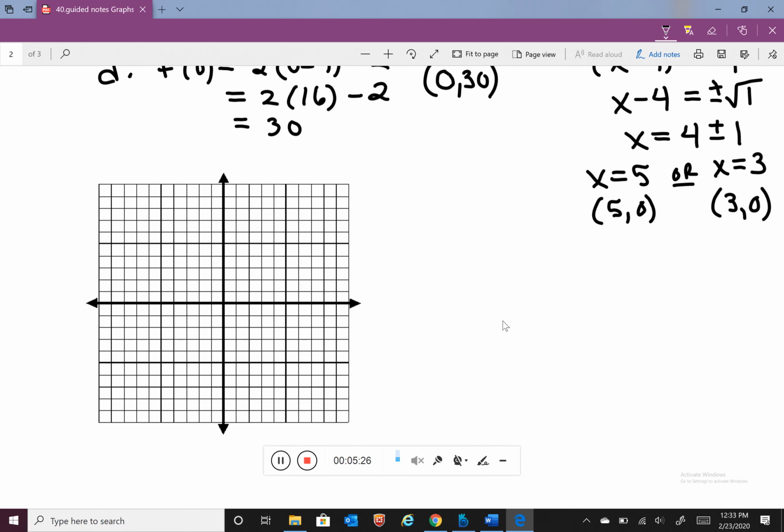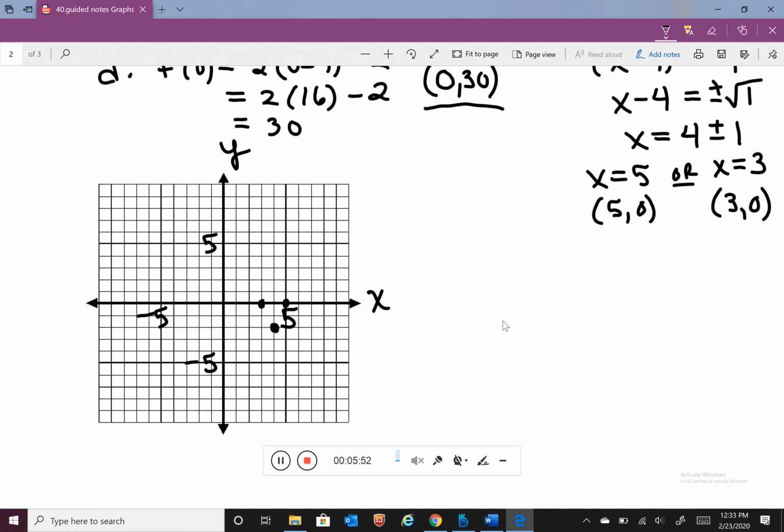We're going to start sketching this. We're going to label x, label y, show scale in all 4 directions. And I'm going to start with our vertex, which is 4, -2. And then our 2 x-intercepts are 3, 0, and 5, 0. Now notice that the y-intercept is quite high.